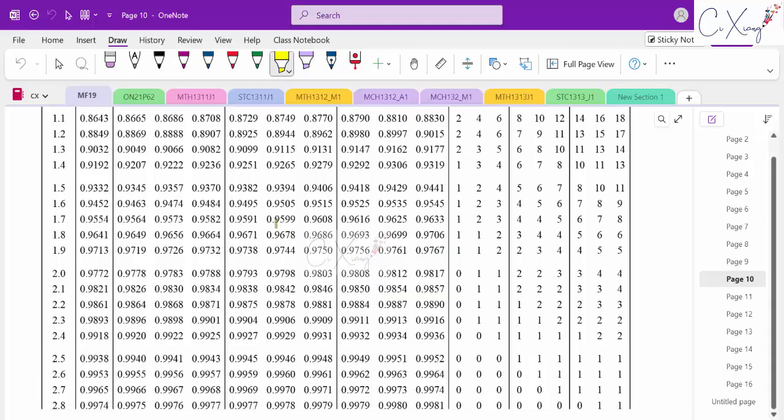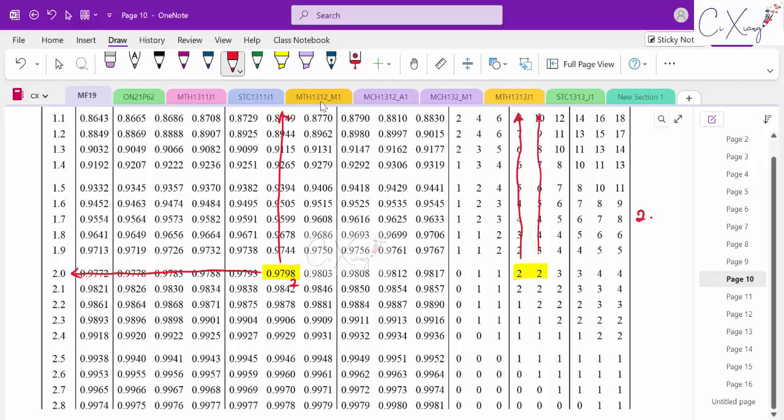Please look for a value smaller than 0.98 but closest to it, which is this one. And if I read out the value, it should be 2.0. The value on top here is a 5, so 2.05. And I need to add a digit at the end of the number. If I add a 2, there are two options here. One number is a 4 on top, another number is a 5 on top.